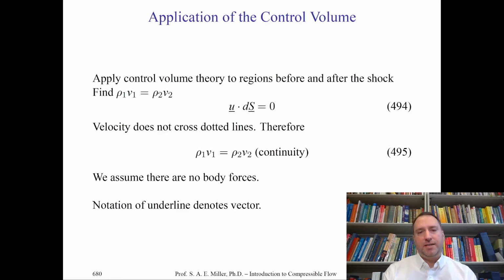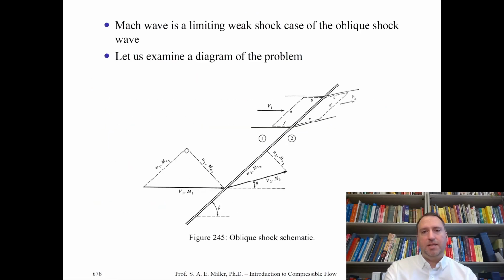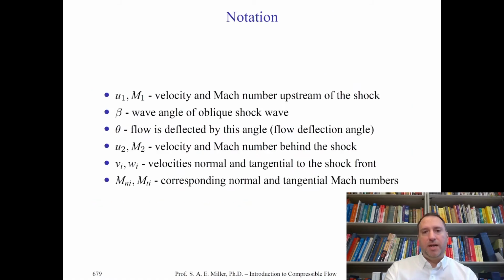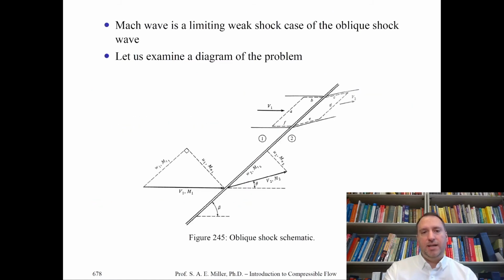Also, U dot ds is 0 across the fluxes of the surfaces B, C, F, and E. Velocities do not cross those particular dotted lines in the cross-stream direction relative to the wave. And therefore, according to continuity, we can write rho 1 V1 equals rho 2 V2. Remember, V is not the magnitude of the velocity. Indeed, it is the normal velocities across the control volume surface in the way we wrote it in the particular problem, across the shock.